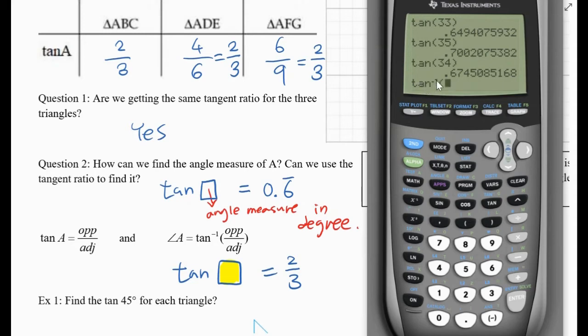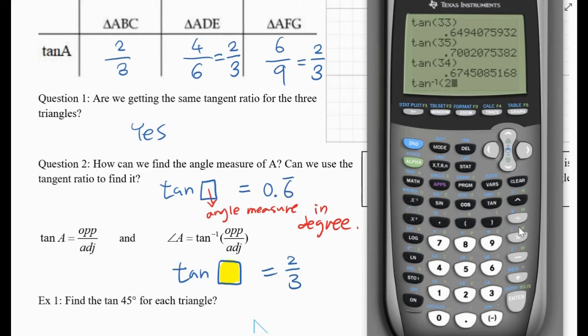Inverse means opposite, so you're going to do it the opposite way. In the regular tangent function, you put in the angle measure, but in the inverse tangent function, you put in the ratio because it's opposite.